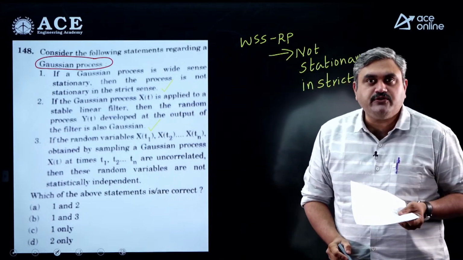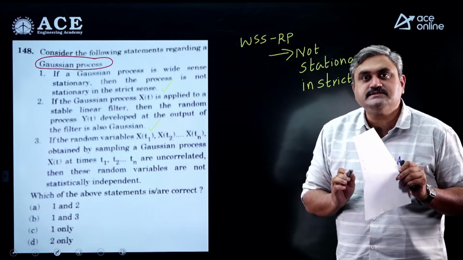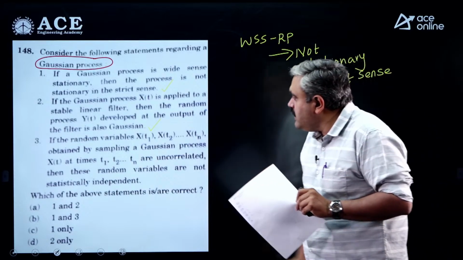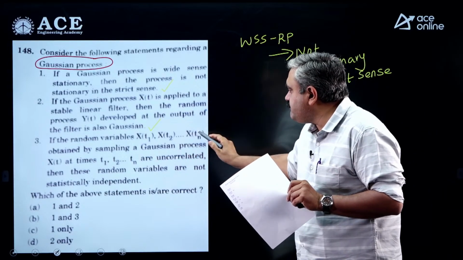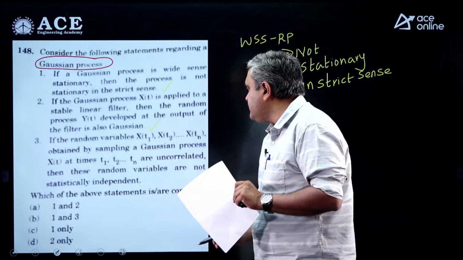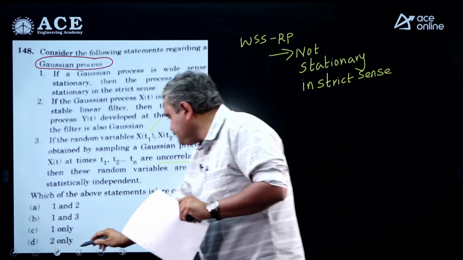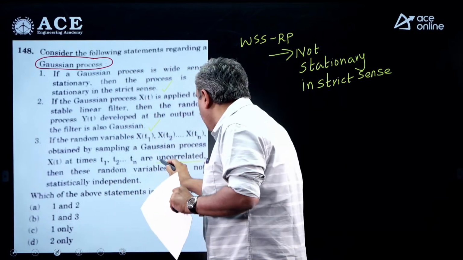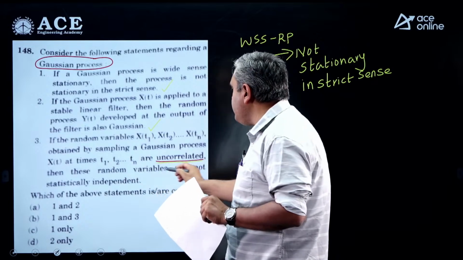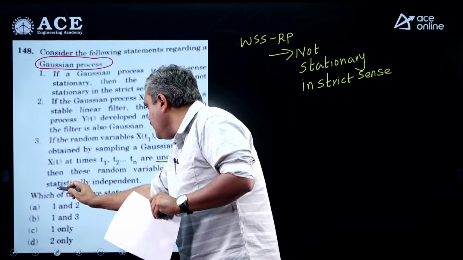So the input is a Gaussian random process, and the output will also be a Gaussian random process, provided your system is LTI. Now, if you sample the random process at x of t1, x of t2, up to x of tn, the resulting random variables are uncorrelated, that is clearly given. Now he says these random variables are not statistically independent.